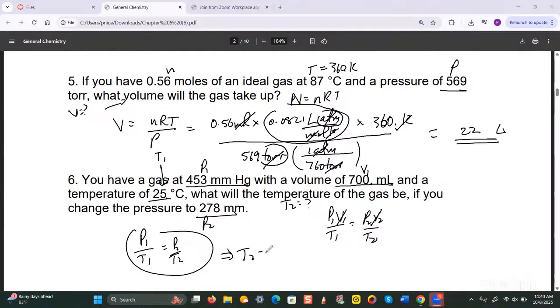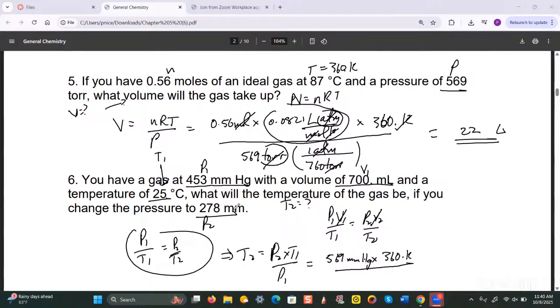T2 would be equal to P2 times T1 over P1. And then we put the numbers in.